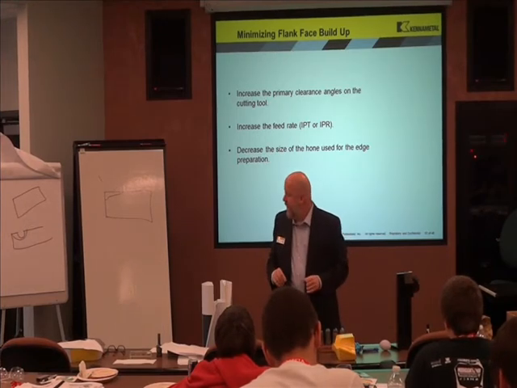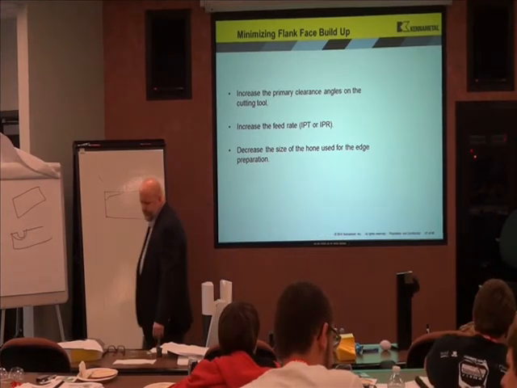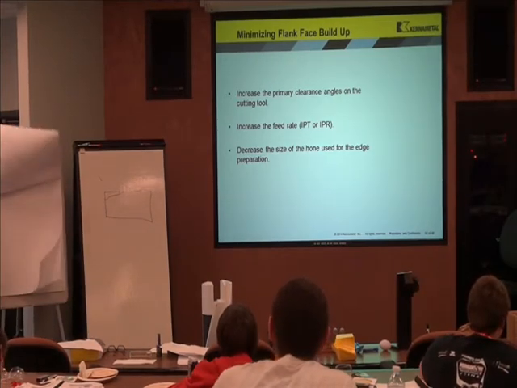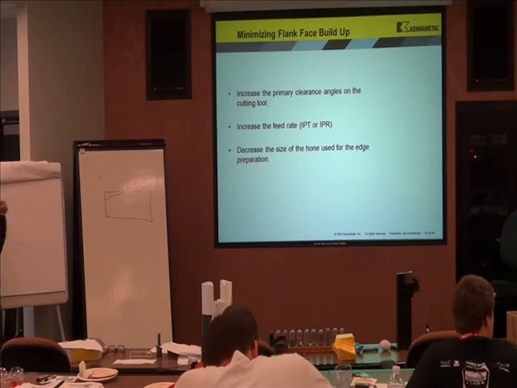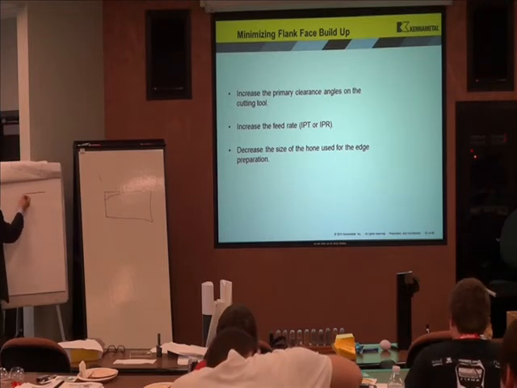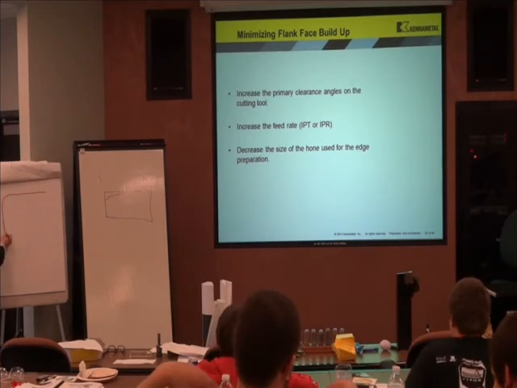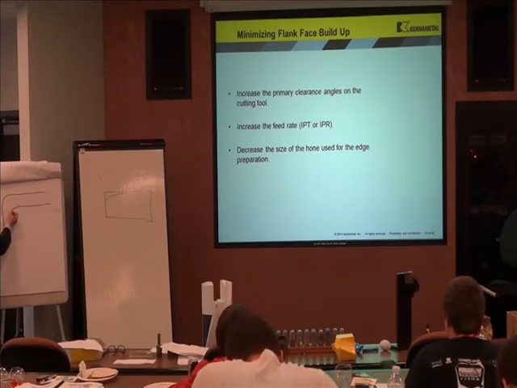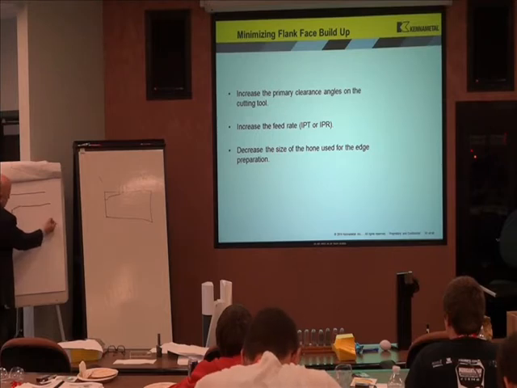And what edge prep does, everybody thinks it dulls the cutting edge, therefore protecting the cutting edge. But let's say I have that type of radius, or I have what I call a K-land, or I have edge sharp.